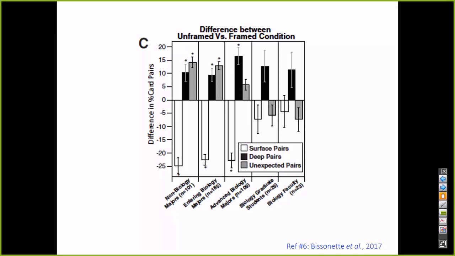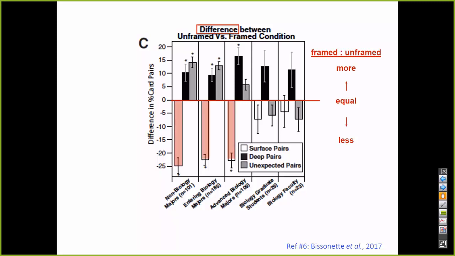So this is comparing the framed and unframed, which is the difference between those. If you're at the line, it means there was no change between what you came up with in unframed and framed, right? If there's more, that means you got better once you were shown the framed, and less is worse.